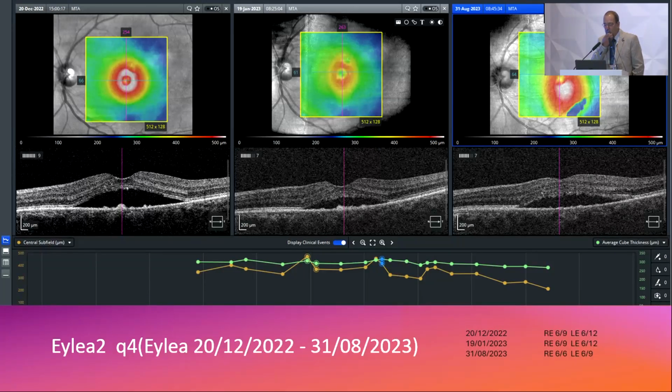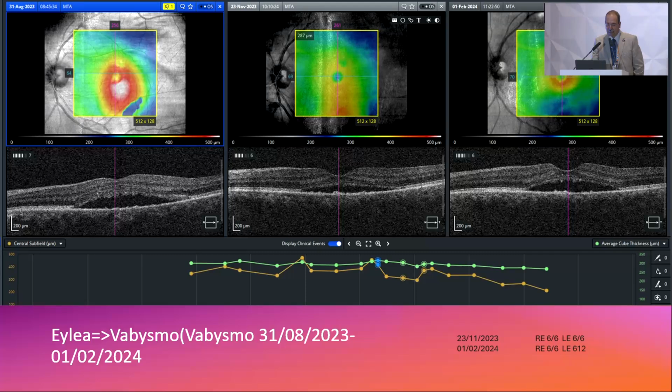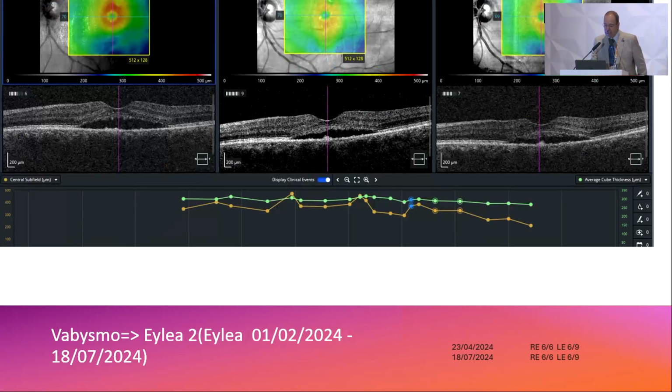Another patient who has been through the whole pharmacy was on Eylea 2 milligrams from December 22 to August 23. She had a slight reduction with Eylea 2 milligrams, and then slowly the fluid started coming back. Then we switched over to faricimab, again a slight response, and then back again. We're not talking about extension, we're talking about response. She said, doc, all my friends are on Eylea 2, let's try it again.